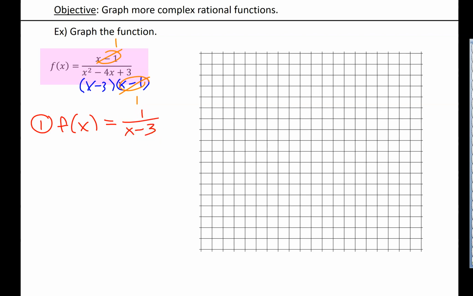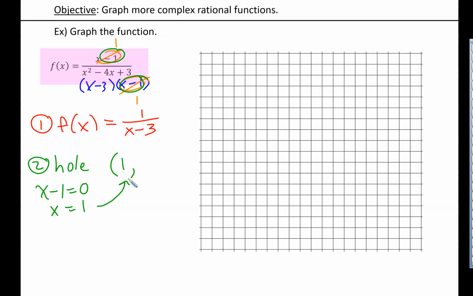All right, so now I'm looking at the hole, which it does have one because I had a reduced factor up here, my x minus 1. And so the x coordinate of that hole is going to be where x minus 1 is equal to 0. And adding 1 to both sides, that gives me x equals 1. So, as we said, that is the x coordinate of this hole.